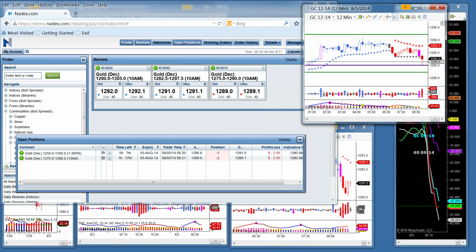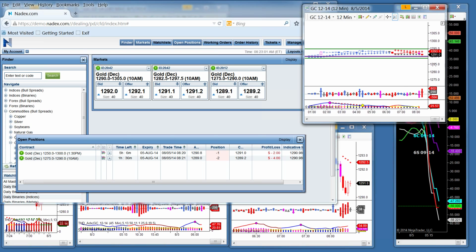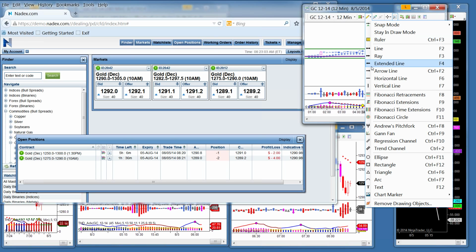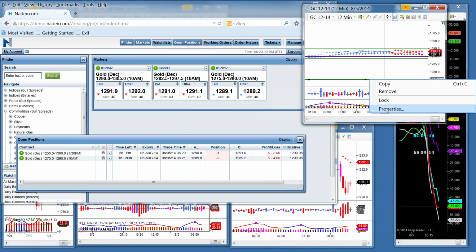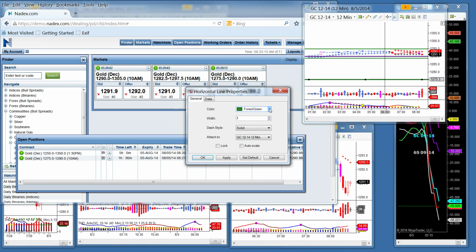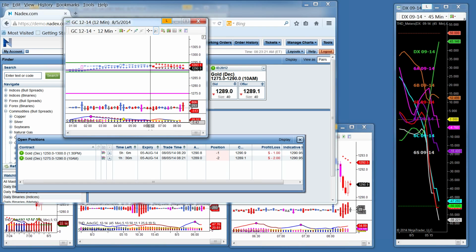This is the ceiling. Now, the floor on that one, if you come over here and look, is at $12.75. So now I'm going to put another line at $12.75, and I'm going to change this to a different color. We'll make it fuchsia.